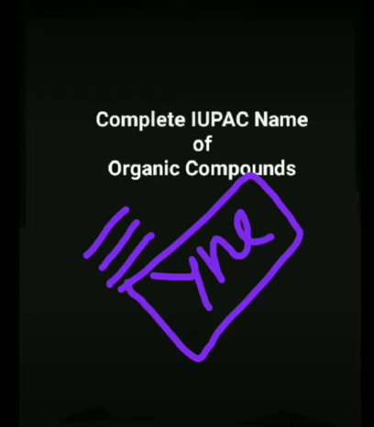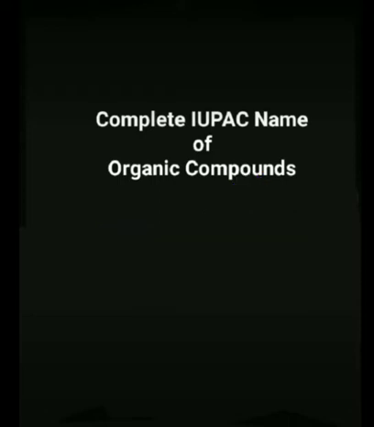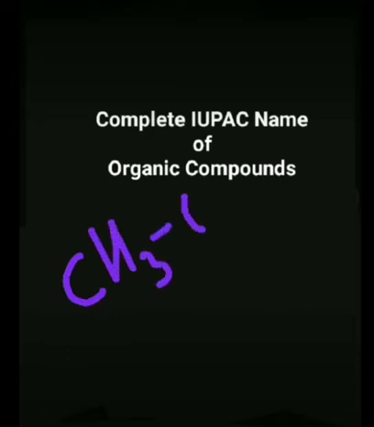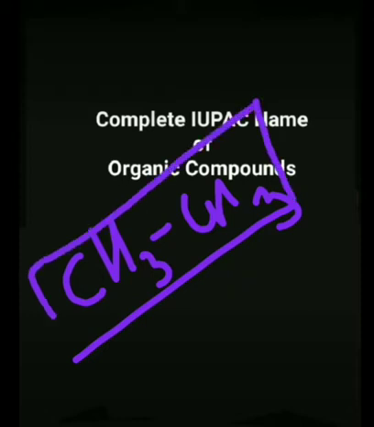What I am saying after the word root, for this, suppose there is a compound CH3CH3. As this is an organic compound with only single bonds, we will write "ane".